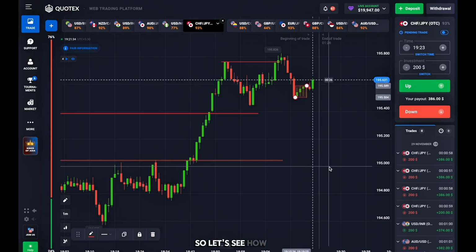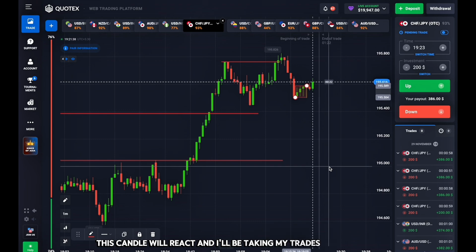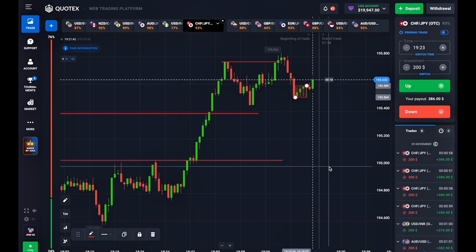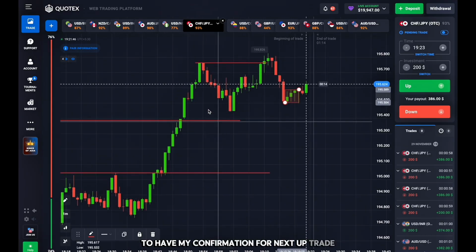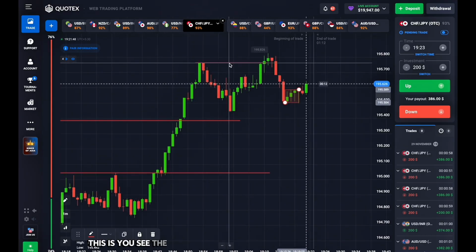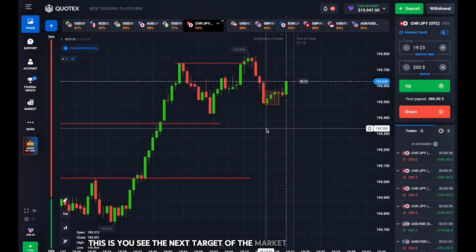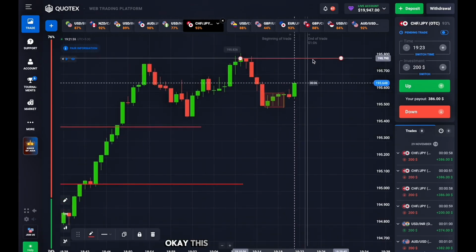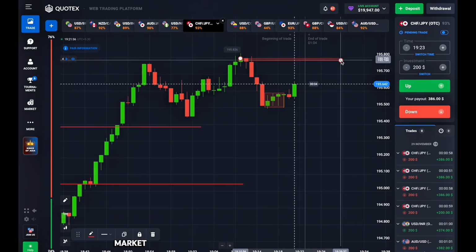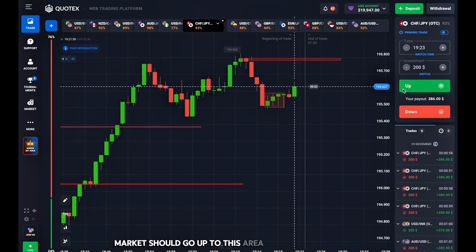So let's see how this candle will react, and I will be taking my trades accordingly. I want a very healthy green candle to have my confirmation for the next up trade. You see, the next target of the market should be our left leg. This should be around here. The market should go up to this area.